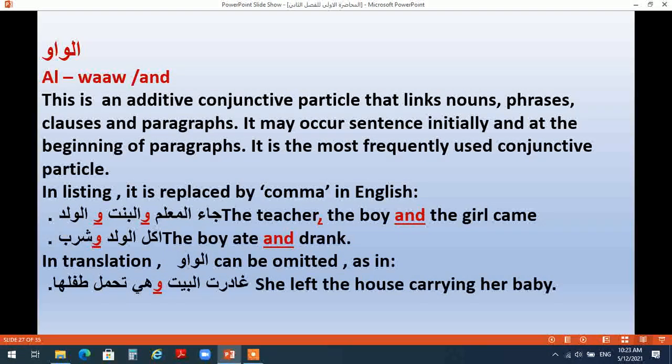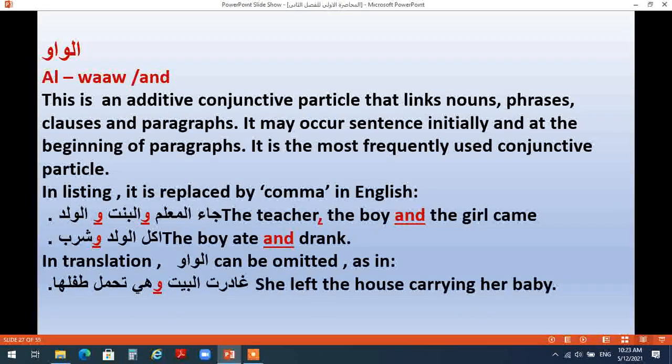So the teacher, comma, the boy and the girl came. أكل الولد وشرب. هنا استخدمنا الواو لربط ما بين فعلين. The boy ate and drank.